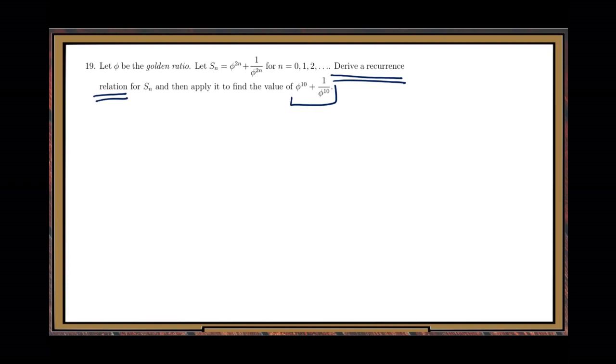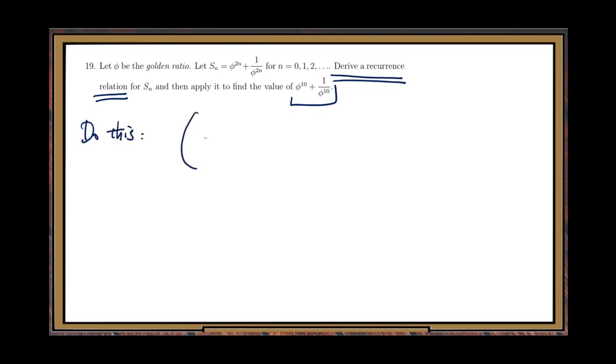But when we derive the recurrence relation, we need to do a special operation here. So what's that special operation? Do this operation.